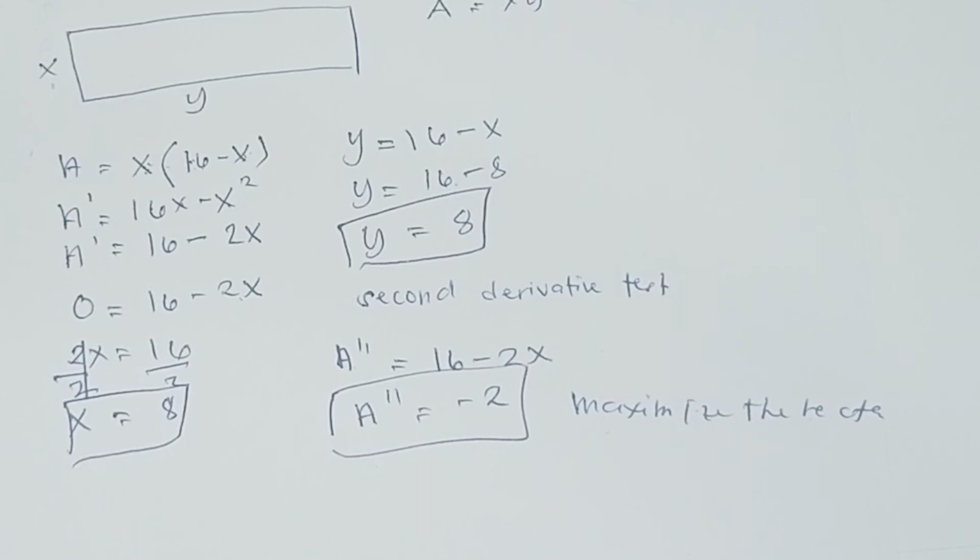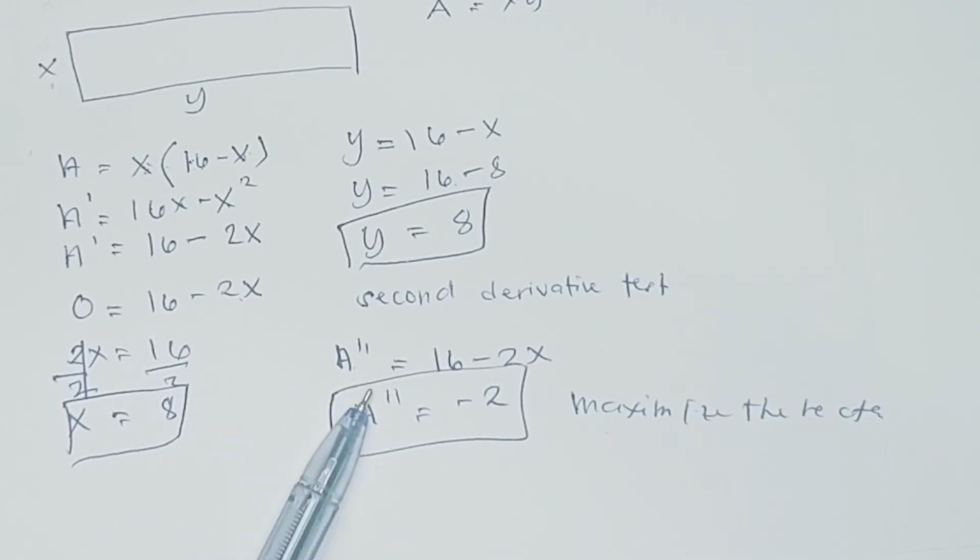Actually, it's not part of our steps, but if we want to check if the answer is correct, if it maximizes the rectangle, we can also use the second derivative test, where the double prime is negative 2, from 16 minus 2x.